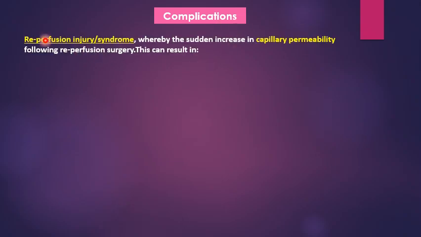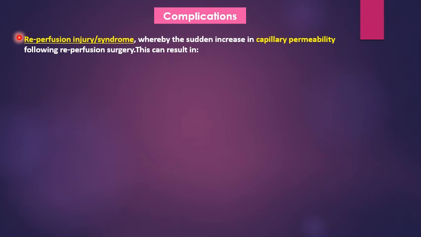Now, what are the complications of acute limb ischemia? After surgery, for example, once you have removed the clot that was causing the obstruction, you reperfuse the limb. You get this so-called reperfusion injury or reperfusion syndrome, whereby there's a sudden increase in capillary permeability following reperfusion surgery.